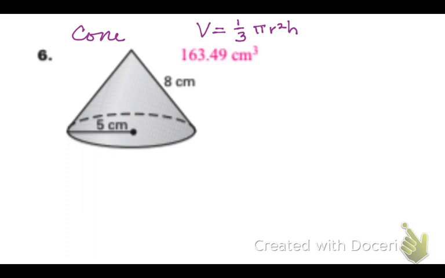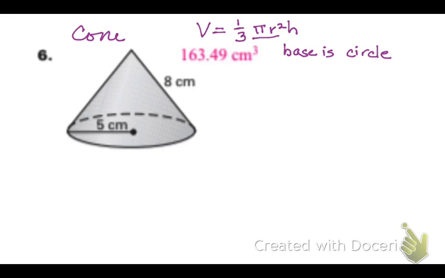And the reason that's pi r squared is because our base is a circle. The base is a circle, and it always will be for a cone. You can't have a square base on a cone.